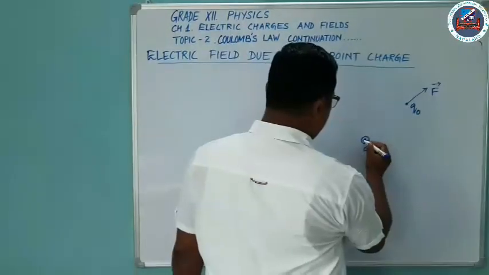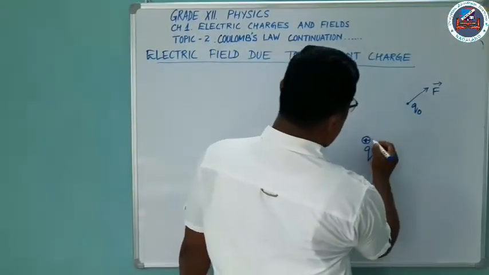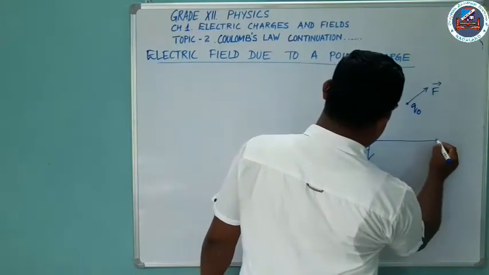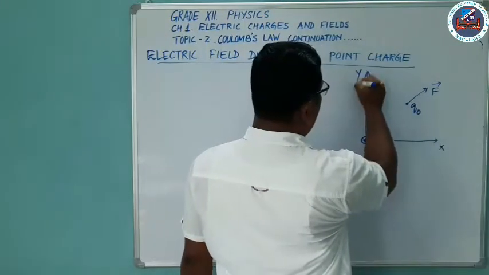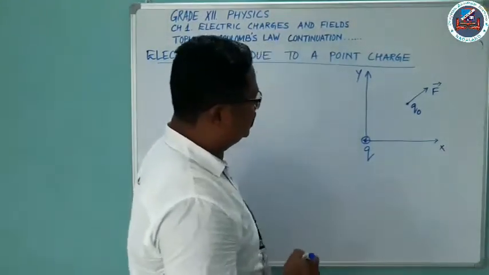If you take the source charge as the origin of our coordinate system like this, then you can represent it this way also.